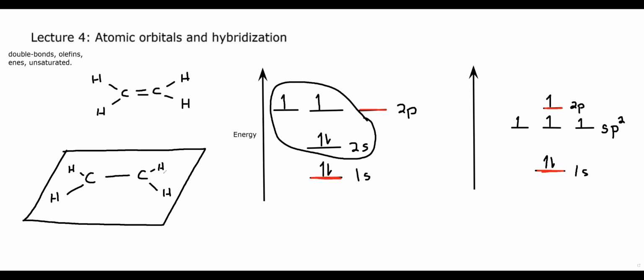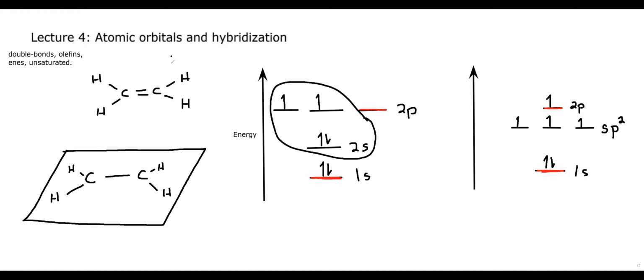All of the atoms in ethylene are in the same plane. It's two-dimensional. We'll talk about that in a second as well. Now the C-C double bond, this is what's important here, okay? The C-C double bond is not just a sigma bond, but this is a pi bond.